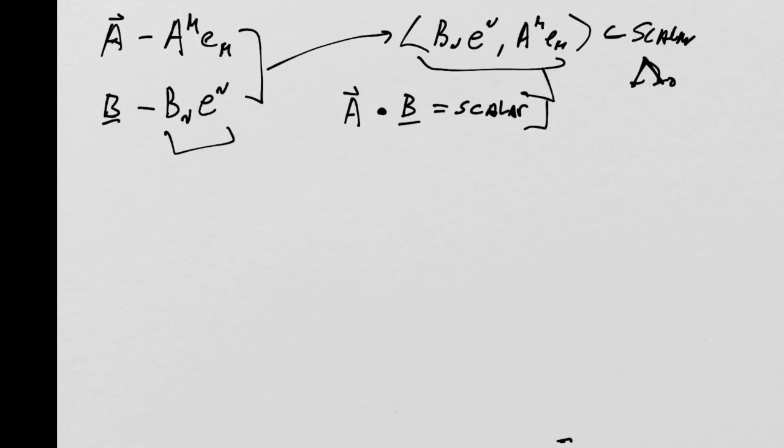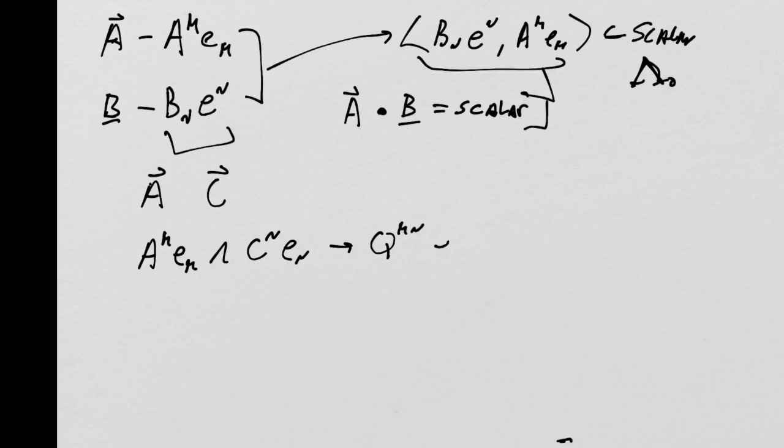Can we do something with an arrow and another arrow? Say an arrow C, because I've already used B. Well, we do know that if I take a vector, A mu, E mu, and I wedge product with another vector, C nu, E nu, I can get a 2-vector, I might call it Q mu nu, E mu wedge E nu, right?